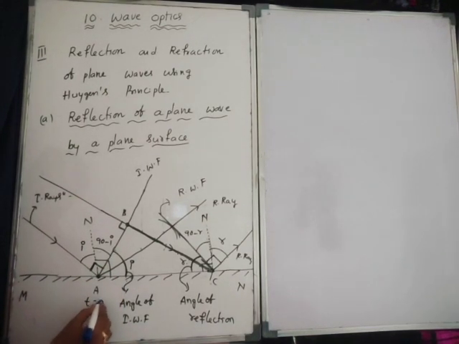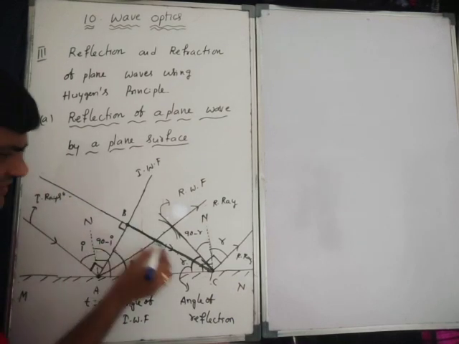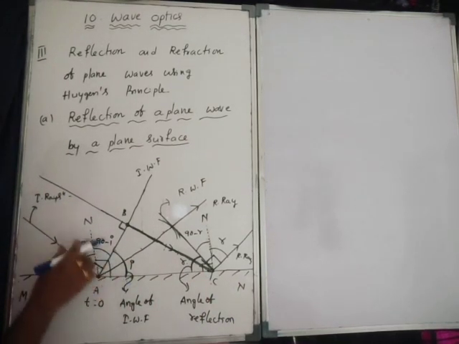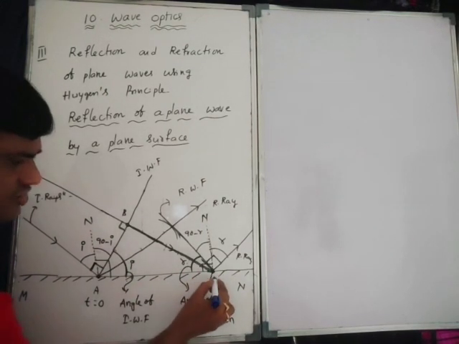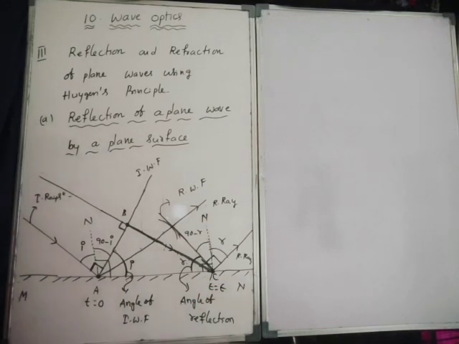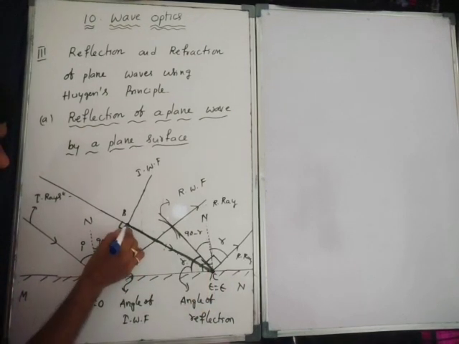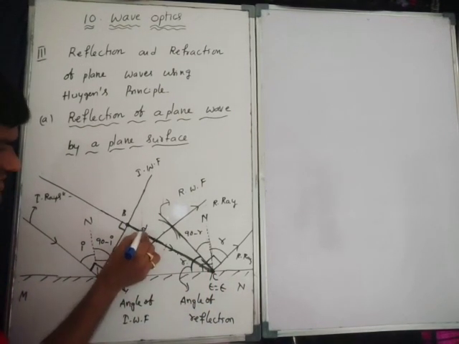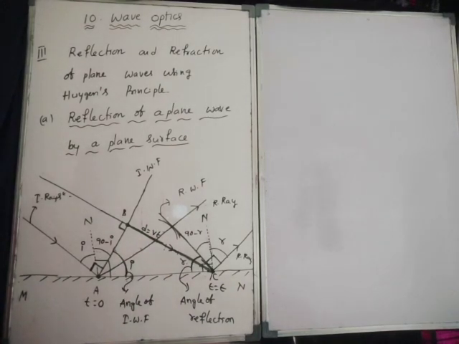Similarly, this is at point A; at time t equal to 0 seconds I will consider. Now the incident ray after time t reaches point C, so at point C t is equal to t seconds. The distance from B to C is d equal to V into t.